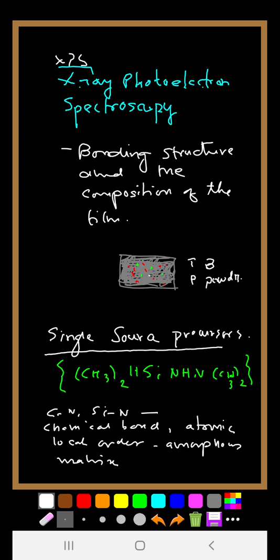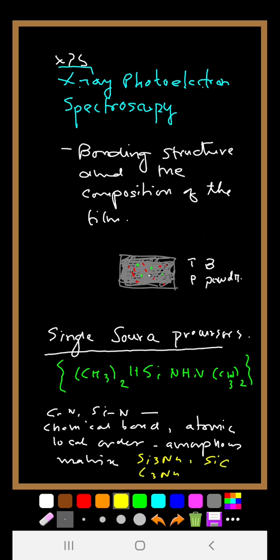Now the chemical bond and the atomic local order of the amorphous matrix are quite complicated compared to that of Si3N4 and C3N4 if we take the phases individually.